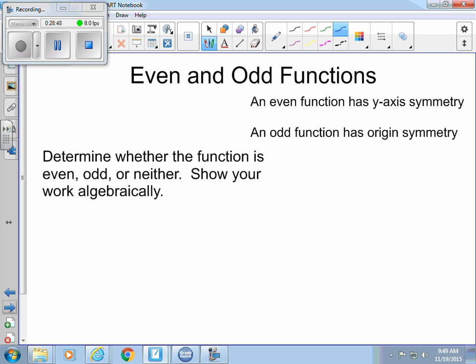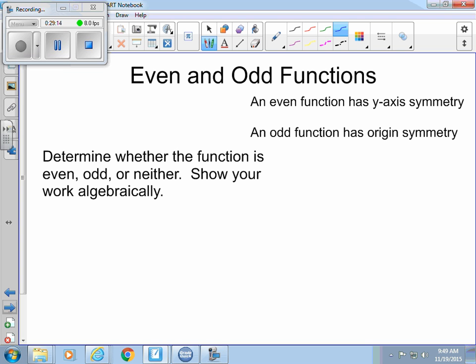Even and odd. I feel like I don't even have to say this because I think I've said it enough throughout the lesson. But if they ask you to determine whether a function is even, odd, or neither, in your brain you ask, does this have y-axis symmetry or origin symmetry? You won't have to worry about x-axis symmetry because it's not a function.